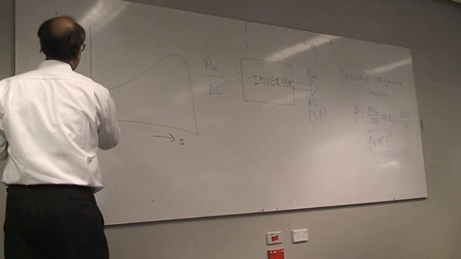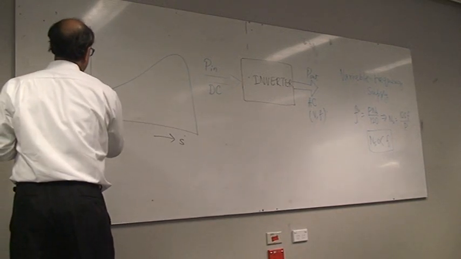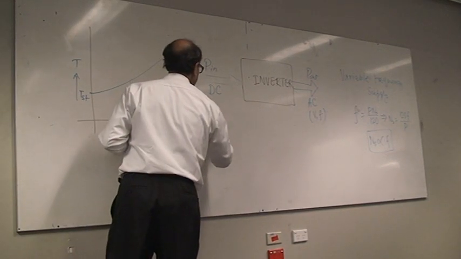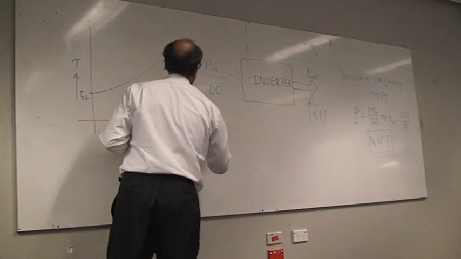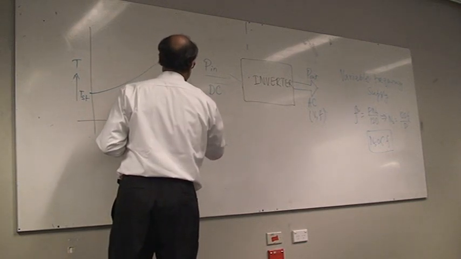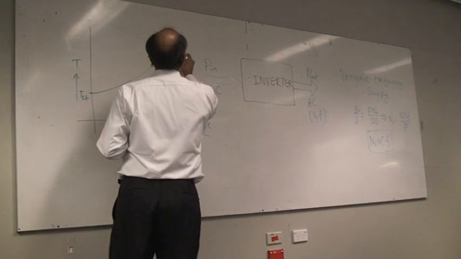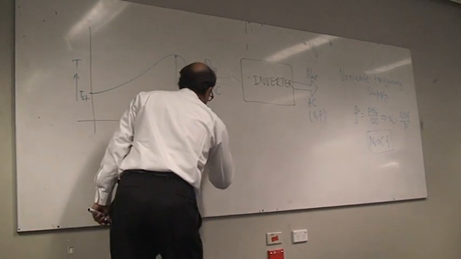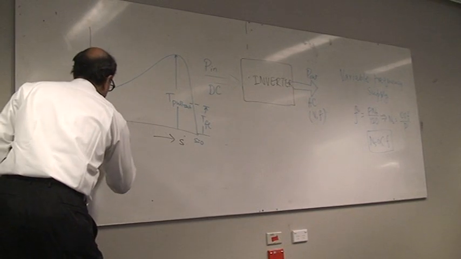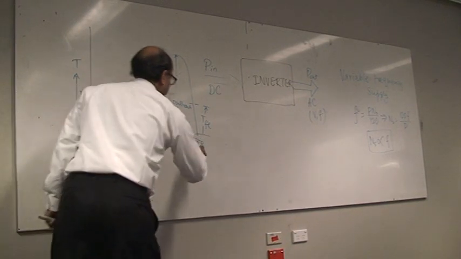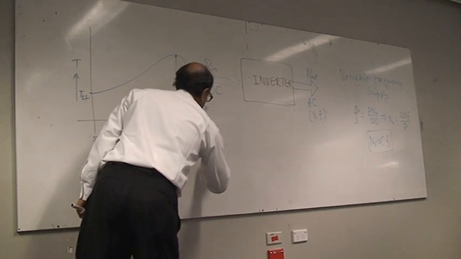So this is your starting torque. Your full load torque is somewhere like that, and this is of course your T pull out. This is the slip equal to 0, this is the slip equal to 1. So this is your starting, and this is your synchronous speed.